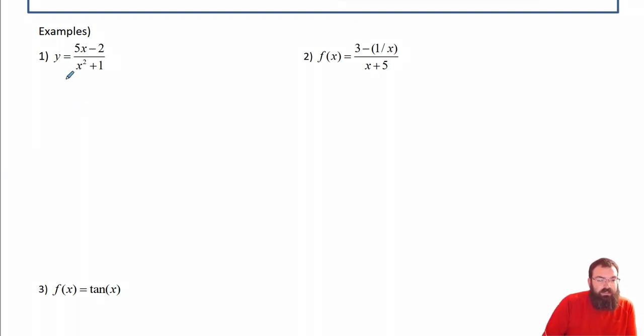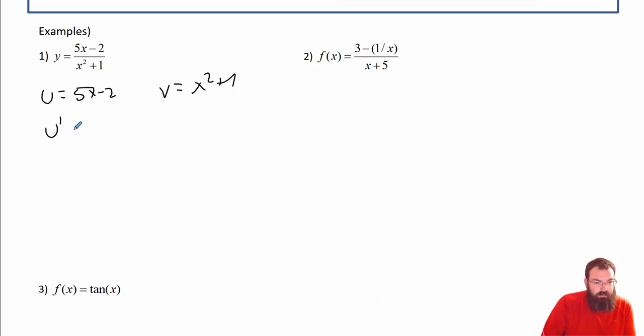Okay, let's go to some examples. Remember, I always like to write them down. I'm going to use u and v just because that's what we did last year. So u is 5x minus 2, and v is x squared plus 1. We got u prime is 5. Man, I got the hiccups. v prime is 2x.